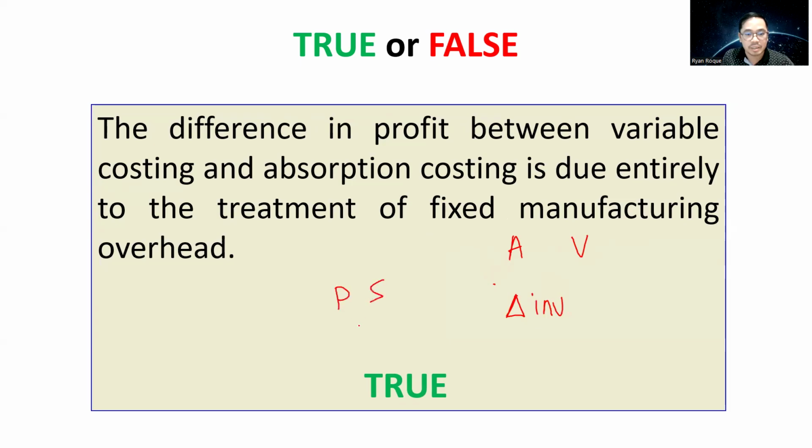We compare P and S, we compare B and E, meaning we compare production and sales, or we compare beginning and ending inventory, whatever the difference is, we just have to multiply with FOH per unit. And that would give you the difference between your absorption and variable costing method. All right.